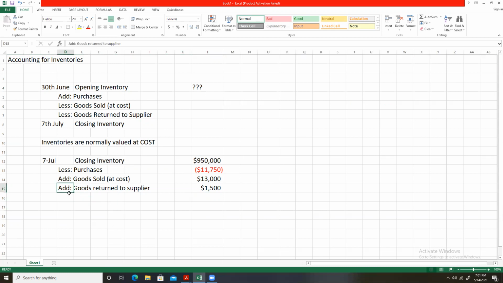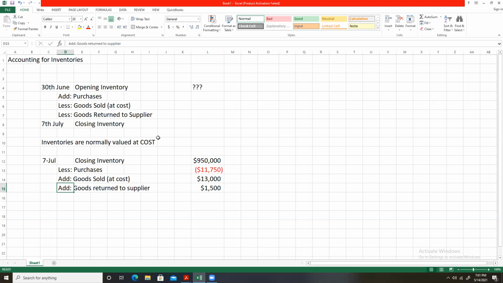So goods returned to supplier, these goods should have been included in the values of inventory on 30th June. During this period, these goods were returned to supplier, these goods went out of the stock.